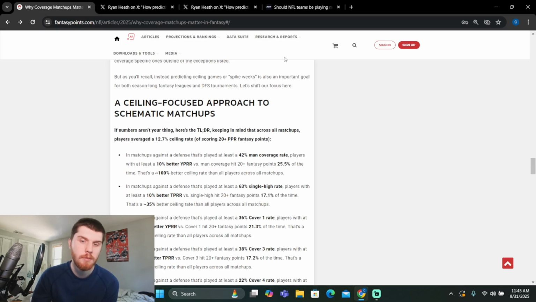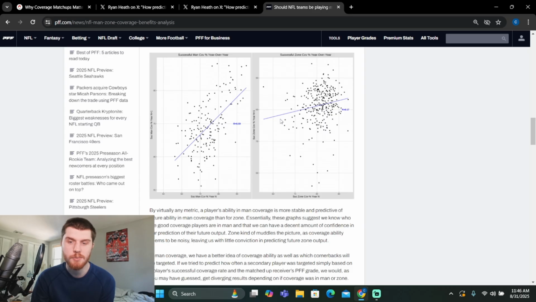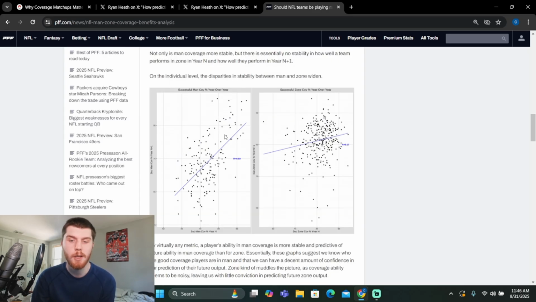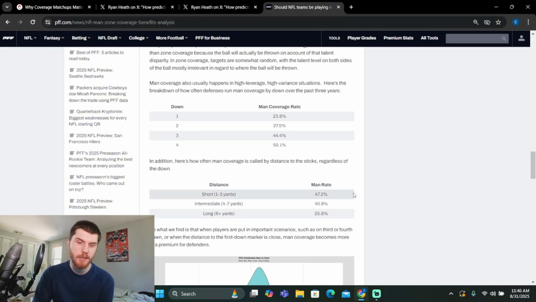I think the more actionable thing that I've been thinking about lately is that man coverage, I didn't realize this before, is a lot stickier for defenses. And these man coverage rates are quite different based on the circumstances.